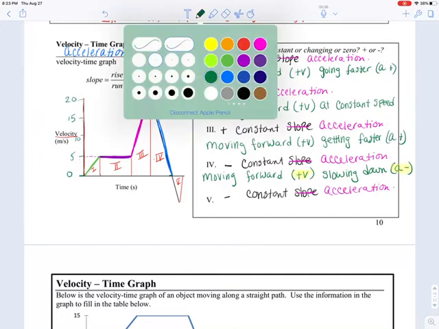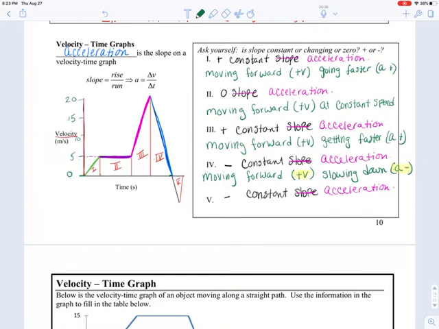What does that mean? Now look, my velocity is negative. I've dropped below the 0 line on my velocity y-axis. So I'm going to say that now I'm moving backwards. I'm moving backwards because my velocity is negative. And I'm starting at 0, and then down here is, let's just call it, I don't know, -5.